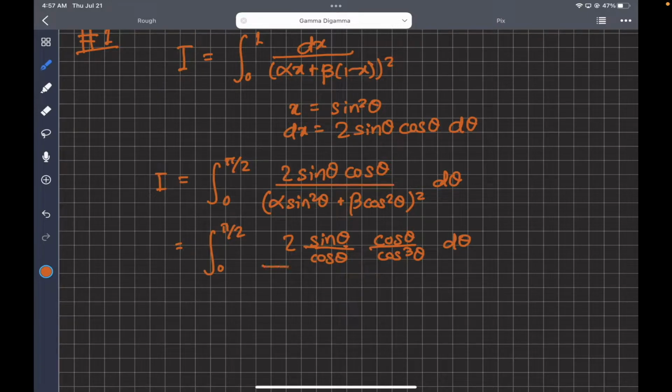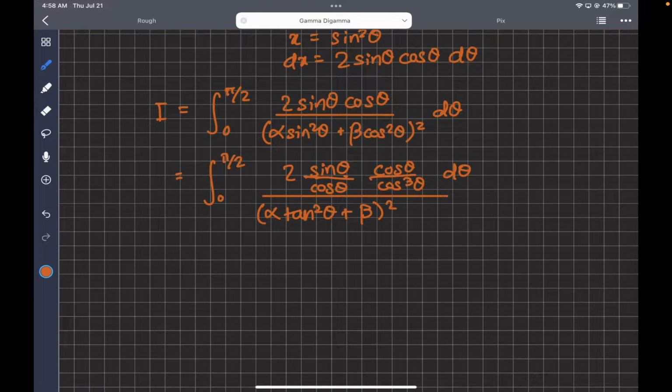I have to do that with the denominator as well. In the denominator, I'm going to skip some steps. The cos to the fourth goes inside the square. So we have sine squared over cos squared, which is tan squared theta, plus beta squared.